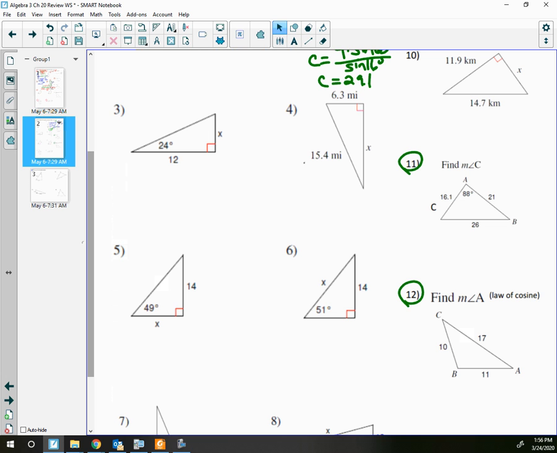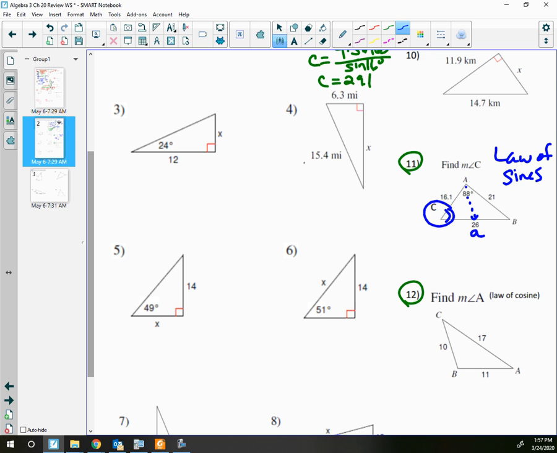For number 11, you actually know all of the sides of the triangle, and you're trying to find angle C. So in this case, it's going to be another situation where, hey, I know everything about angle A and the side across from it, little a, so I'm going to be able to use law of sines. This is one that you're going to have to use inverses for, though.